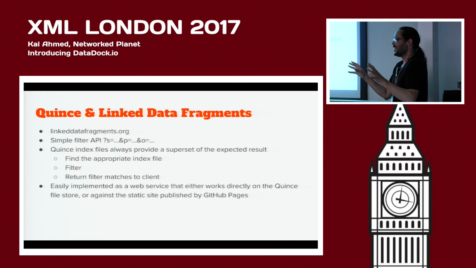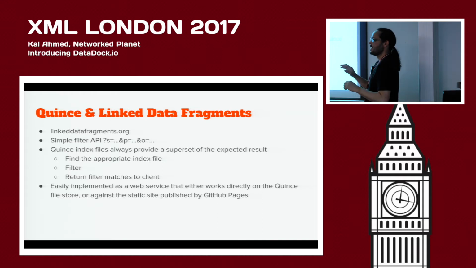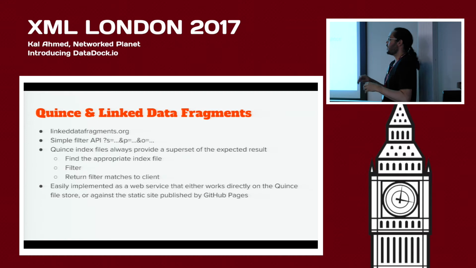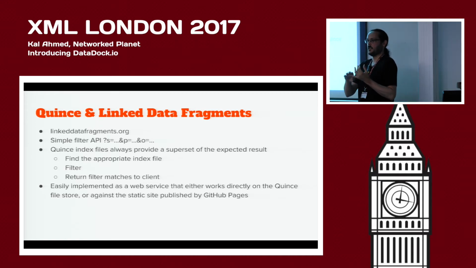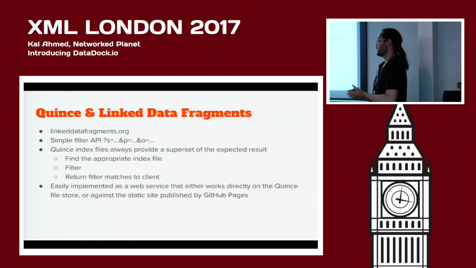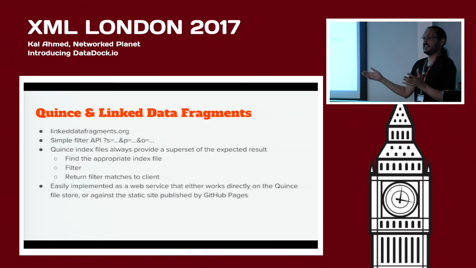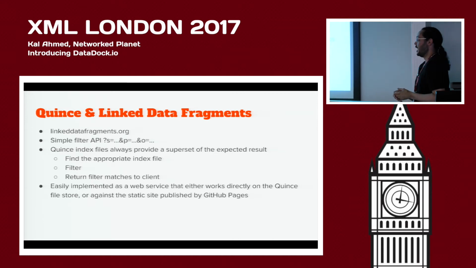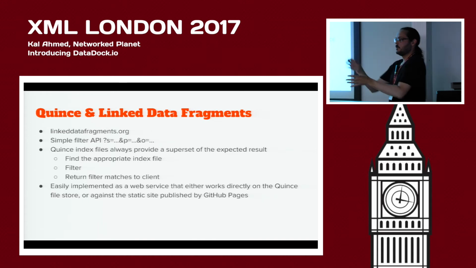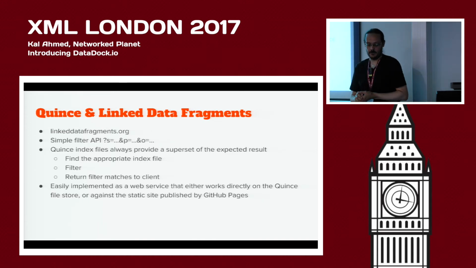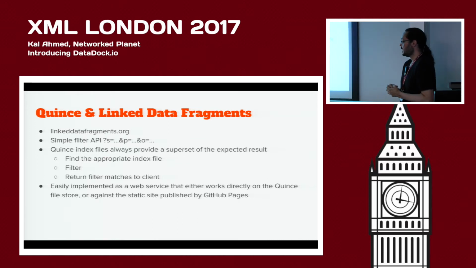The whole of the API is based around this idea that you can ask for all quads which match a filter, where I can specify the subject, the predicate, the object, or one or more of those things, and get a list of all of the triples that match. In Quince, that's really easy for us to sort out. We can simply find the index file in the appropriate index, filter on the remaining parts of the query, and return the matches to the user. So it's really simple to do.